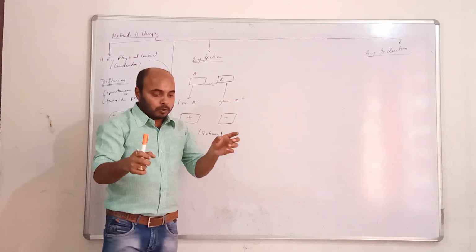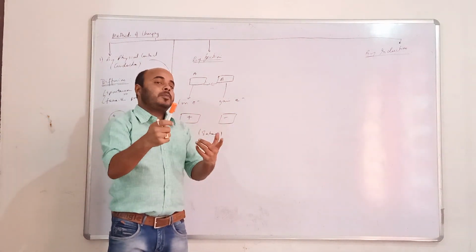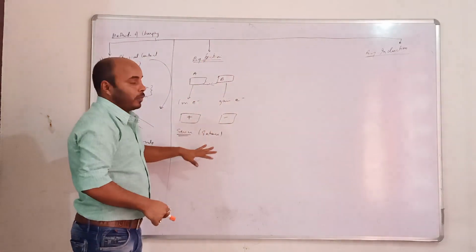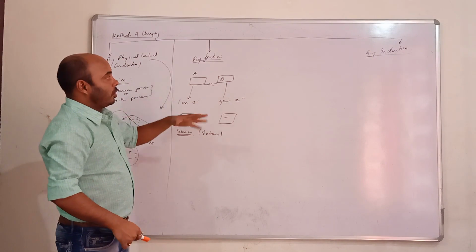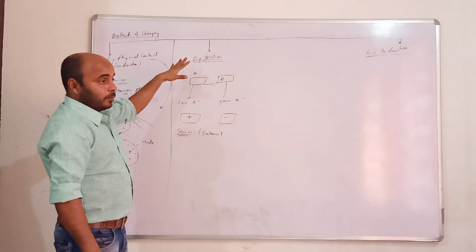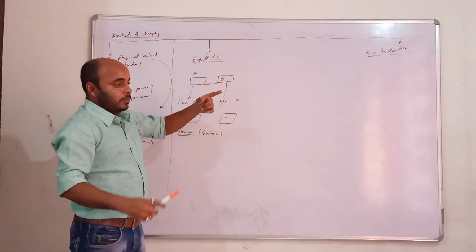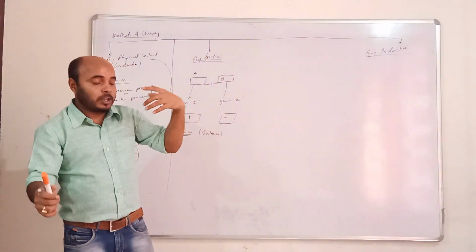If you take any two bodies from the series and rub them, that series will help you know which body will lose electrons and which will gain electrons. In boards, we don't require this. You only have to understand how the charging process occurs. If we rub two different bodies, one body will lose electrons and the other body will gain electrons.